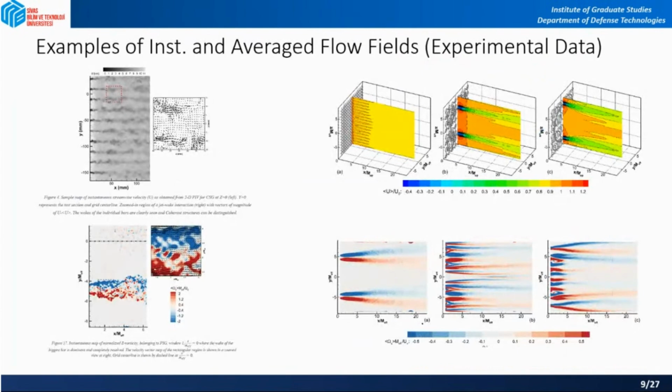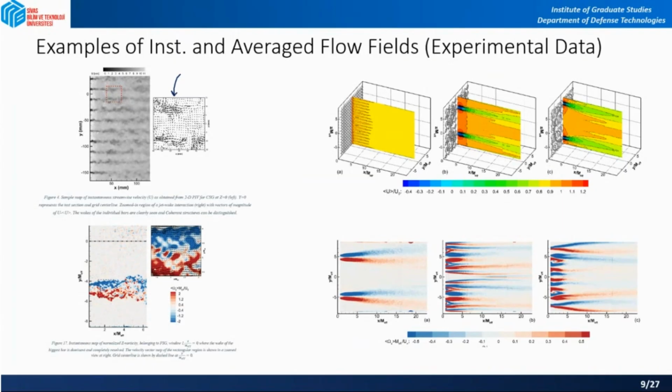Okay, so in here, you see some examples of instantaneous velocity and vorticity fields. For example, I took one of those pictures, and within that picture I took this square, and what you see in here is the instantaneous velocity vectors that the camera captured.